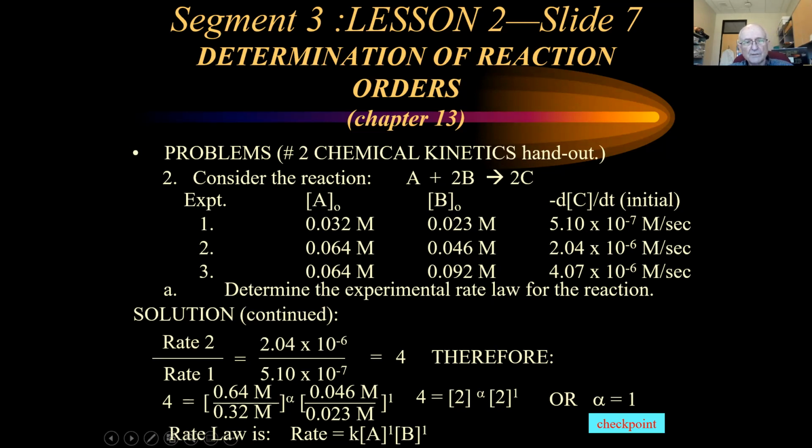And one of your tests to see if you've got the rate law right: you should get the same constant in all 3 runs. So if you use this set of data and get a rate constant, and then use run 2 data to get a rate constant, and use run 3 to get a rate constant, all 3 of your numbers should be the same number. And if your rate law is correct, that will happen.